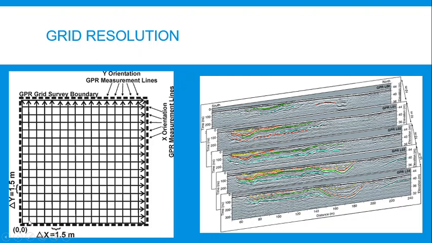If we increase the separation, then more area will be covered. Suppose from here to here we are able to cover the area, but the resolution will be compromised.